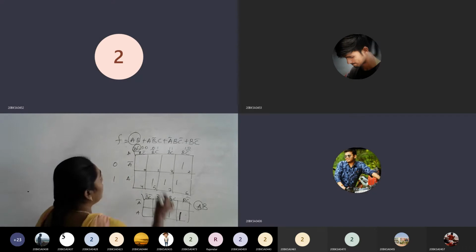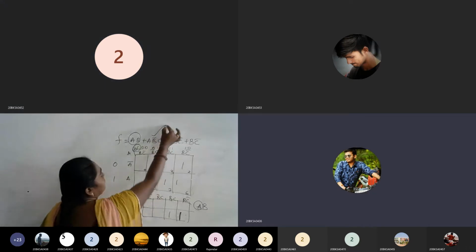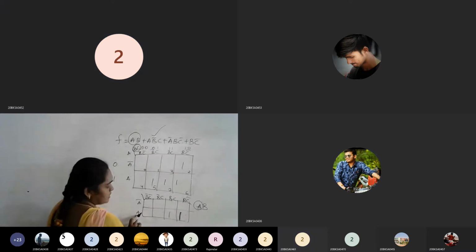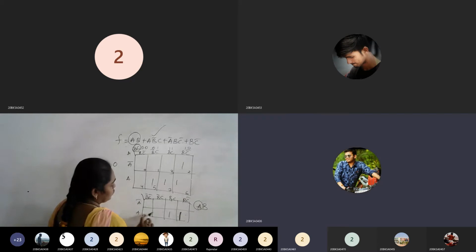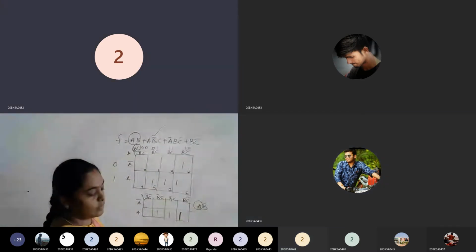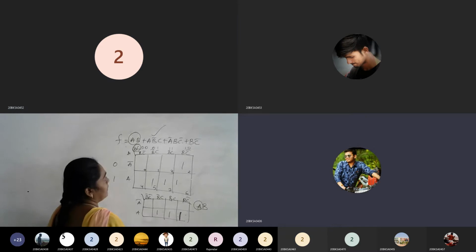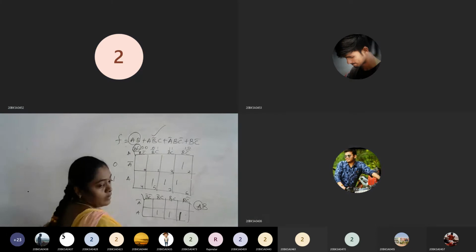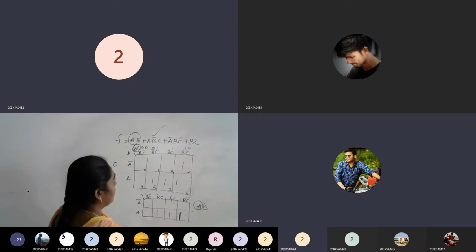Now check, what is the second term? A B bar C. A is the second row. Where are you having B bar C? Second column. Intersection of second row, second column is A B bar C. What is the third one? A bar B C. Which row?